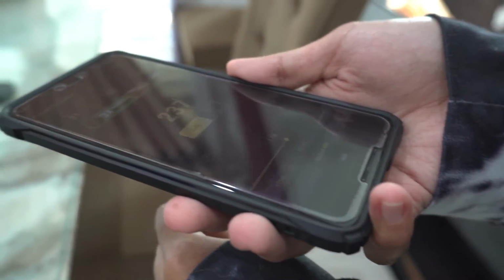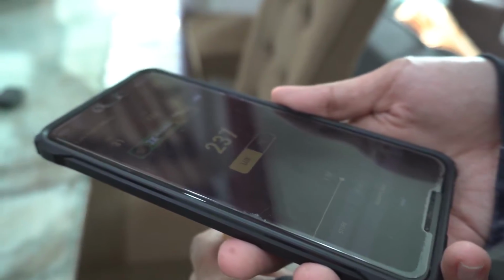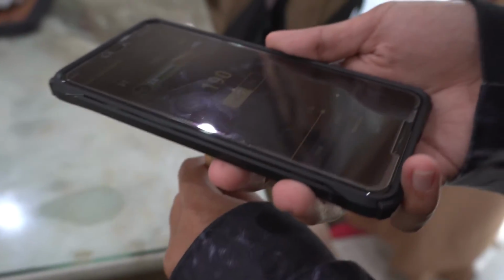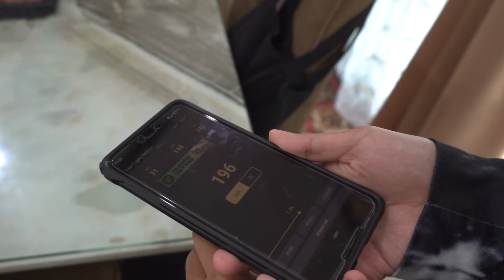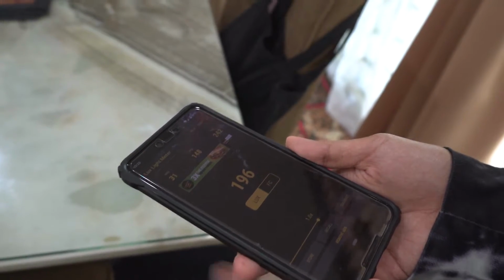Moving on, we'll be going to point 3, which is 237 lux meter. At point 4, it is 196 lux meter.